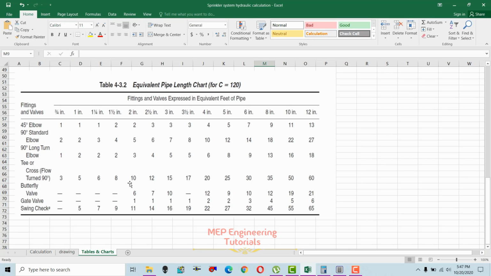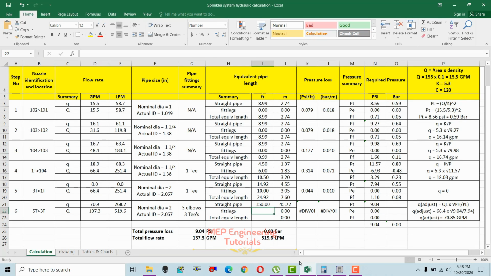So we have 3 T's, means 30 for T's and 25 for elbows, so total 55 feet. Total equivalent length equals straight pipe length plus fittings length. Total equivalent length is 205 feet or 62.48 meters.